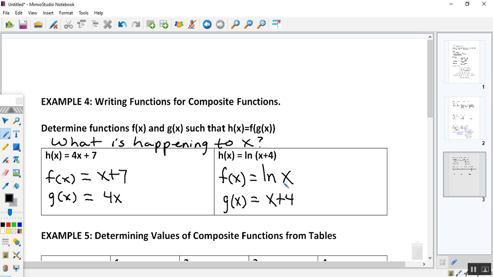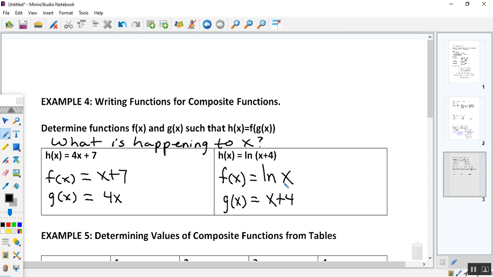So help me. If I take my function g and put it in to replace x in function f, do I get the same thing? Yep. Absolutely. So I agree. That's how you break it down. Ask yourself what's happening. And the thing that typically happens first to the function is which one? The innermost function or outermost? Innermost. That's probably the best way to think about that, okay?